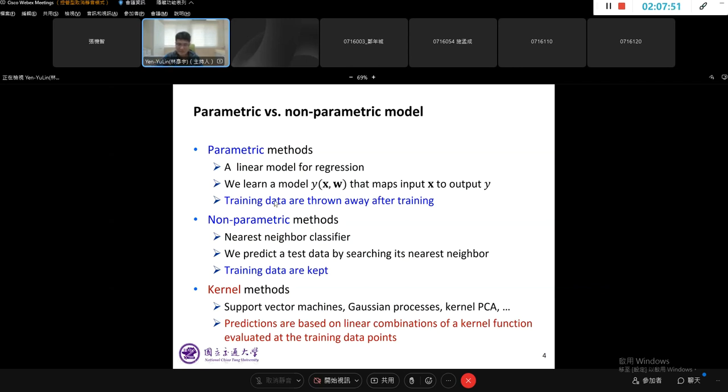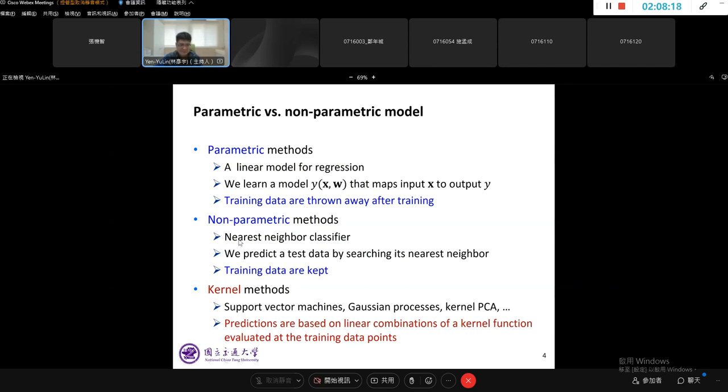For each testing data, we feed it into the model and we will get the result. We say this is a parametric method because this model is fully parametrized by the learnable parameter W, and we don't need the training data after training.